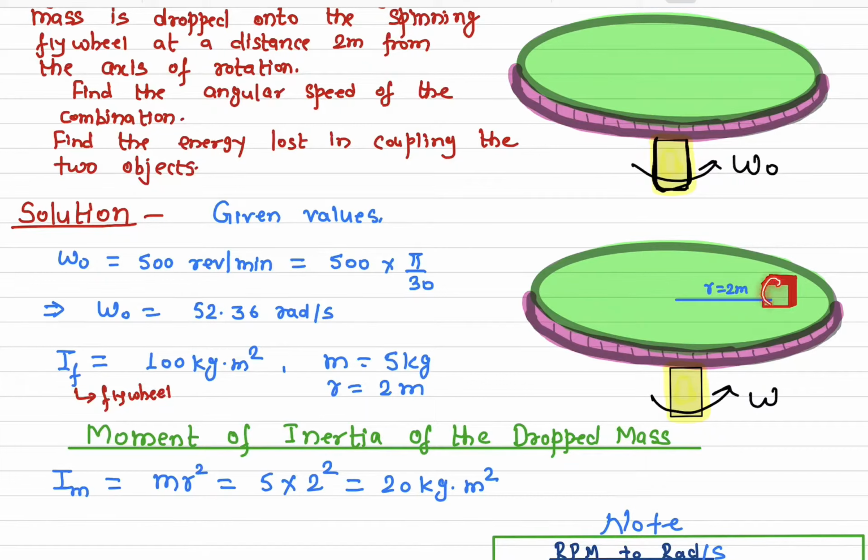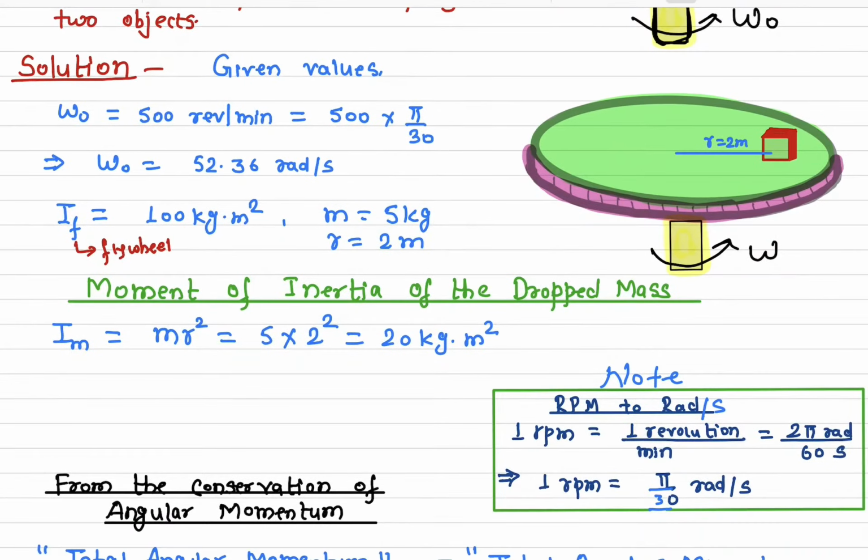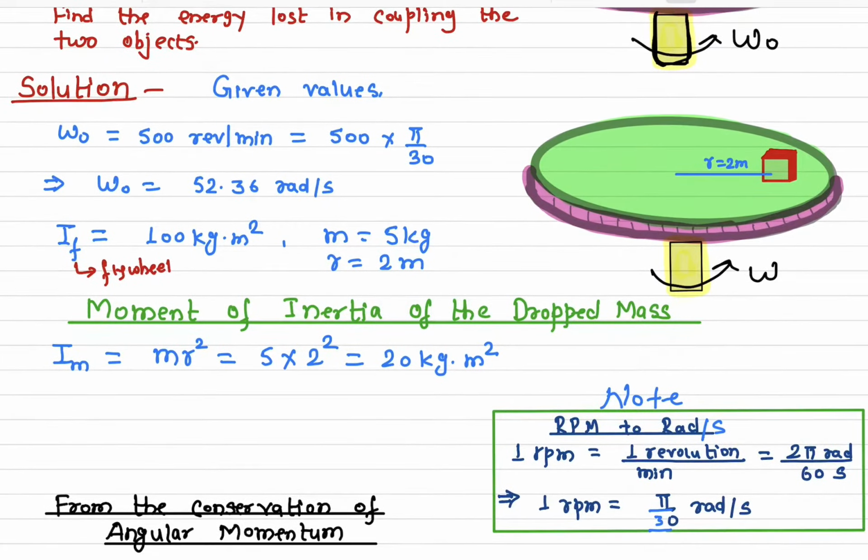Here we treat this as a point mass, so all the mass is at the same distance, m r square. The dropped mass is 5 kilogram, and the distance from the axis of rotation is 2. If you do the math, you'll get 20 kilogram meter square. That's the moment of inertia of the dropped mass about the axis of rotation.